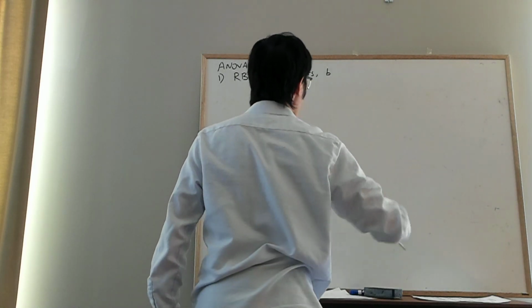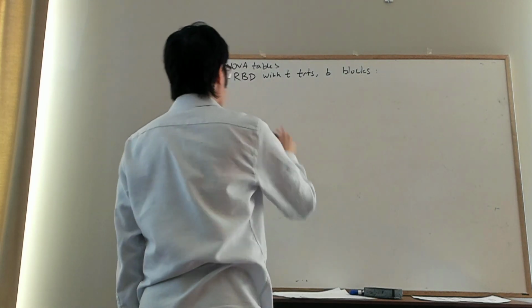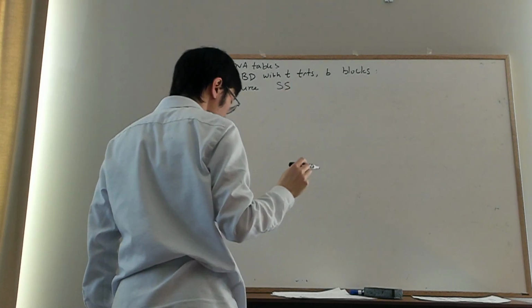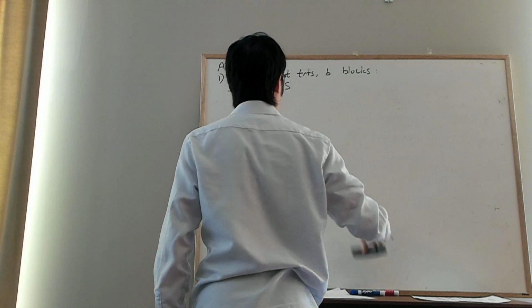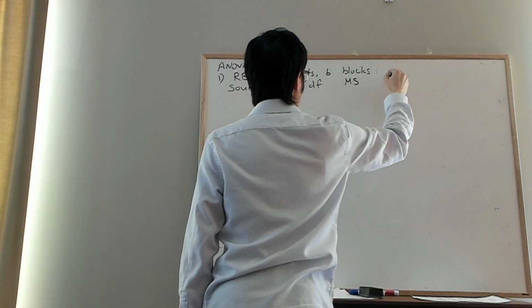The columns are source, sum of squares, degrees of freedom, mean square, and then F statistic.